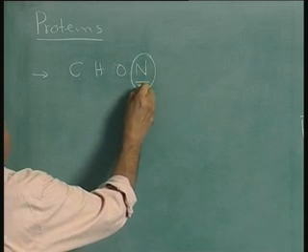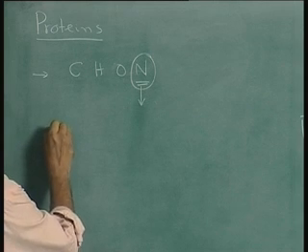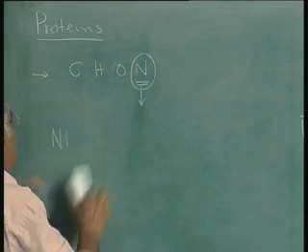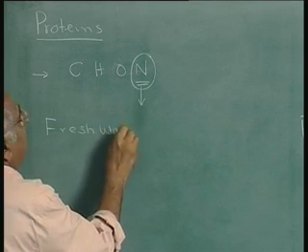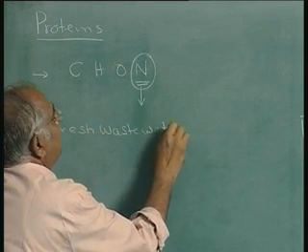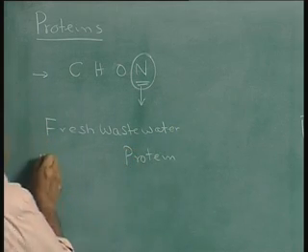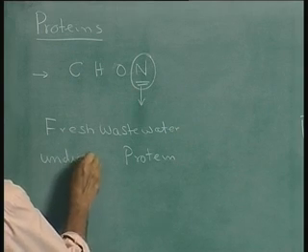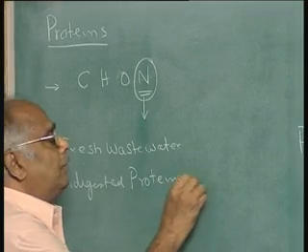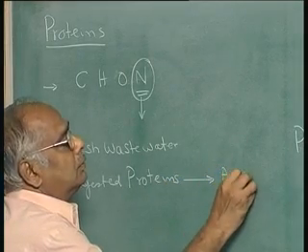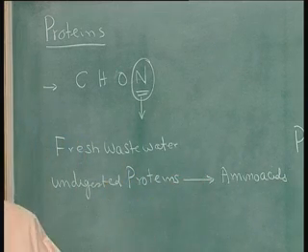Now, what will happen is this nitrogen which is present in the proteins is in the form of ammonia, that is, in fresh wastewater, that is not septic. Fresh wastewater contains undigested proteins. These undigested proteins are converted into amino acids.